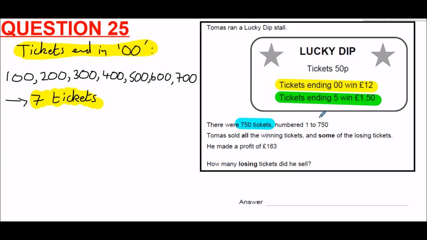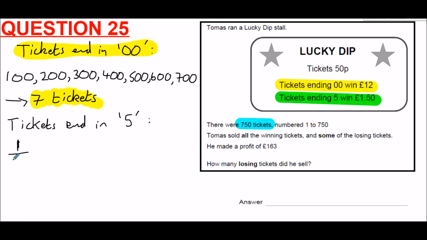Now some tickets end in a 5. Well, any number's going to end in something. So a number can either end in 1, 2, 3, 4, 5, 6, 7, 8, 9, or 0. So 5 is just one digit out of 10.